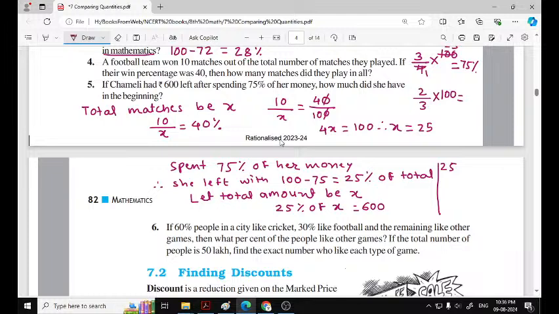So 25 upon 100 into X is 600. So we have X upon 4 is equal to 600. So X is equal to 2400.